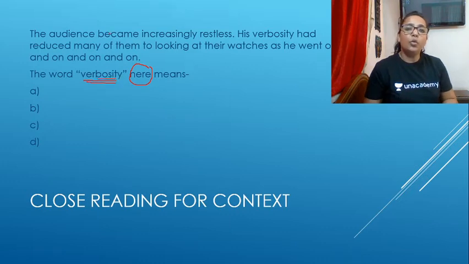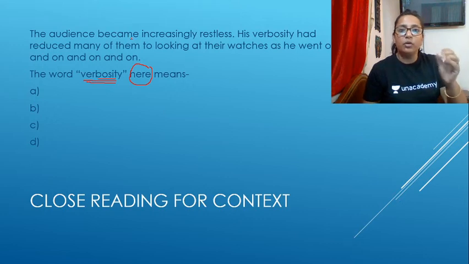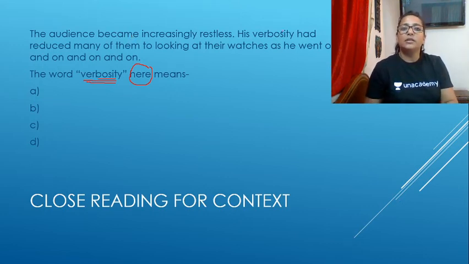So I need to know what this passage says for me to be able to answer option A, B, C, or D. So that is when I'm going to look into the passage quite closely, especially the sentence before the word. Say this is the word that has appeared. So I'm definitely going to read this sentence very clearly.